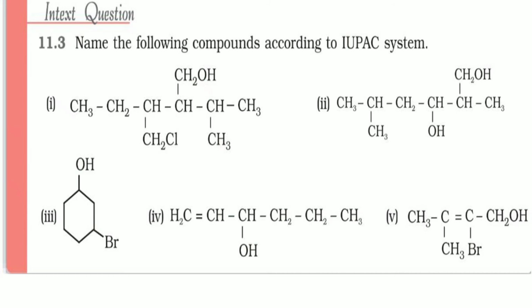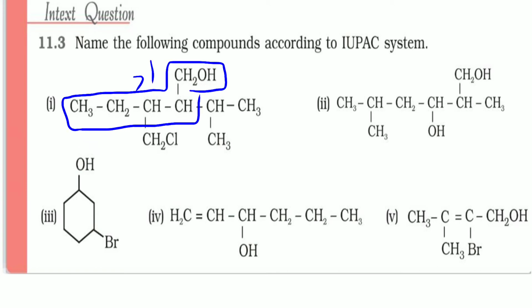When we look into these in-text questions, first we need to identify the long chain. Here we can see an OH group attached to the carbon chain. Here we can give the numbering: this is 1 carbon, this is second carbon, this is third, fourth and fifth, and it is isopropyl, right?